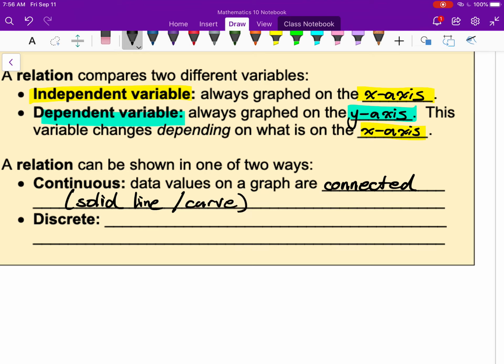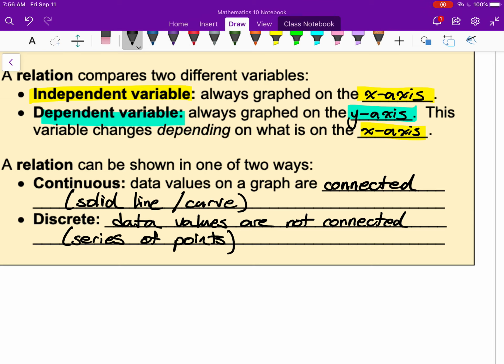Whereas if they're discrete, your data values are not connected, or they are just a series of points. So one, when you visualize it as a graph, is a solid line or a curve, and the other is a series of points.